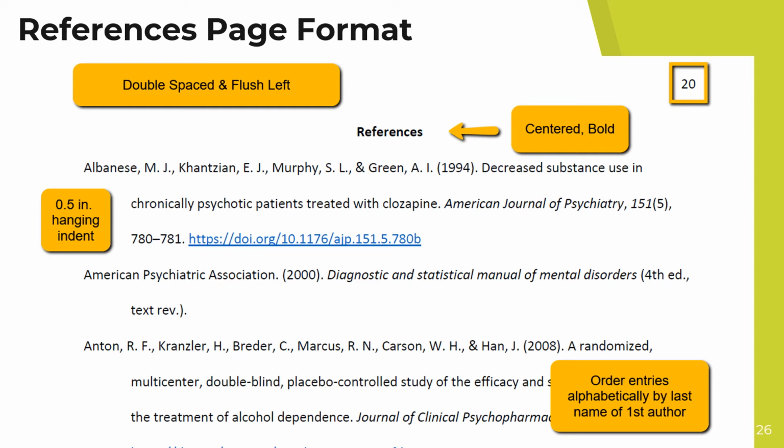Your references page will also be double-spaced like the rest of your paper. The first line of each citation will be flush left with all other lines indented 0.5 inches from the left margin. All entries will be arranged alphabetically by the last name of the first author. And don't forget to keep the page numbering in the top right of your header.